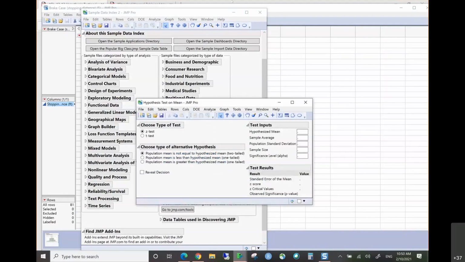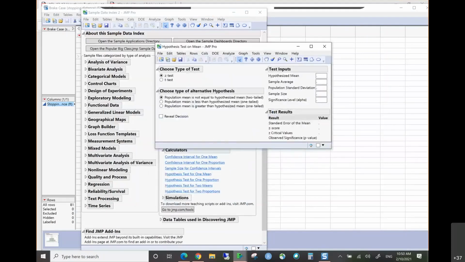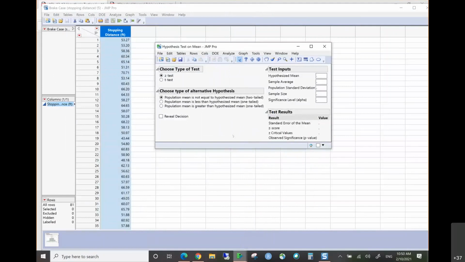So you mean here? Yeah, on that left side, choose type of alternative hypothesis. Choose this one. So it doesn't matter which one you choose.